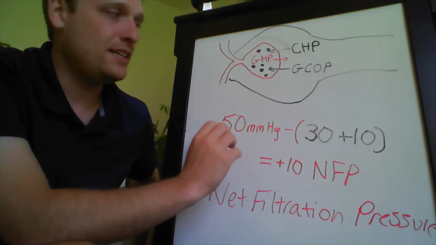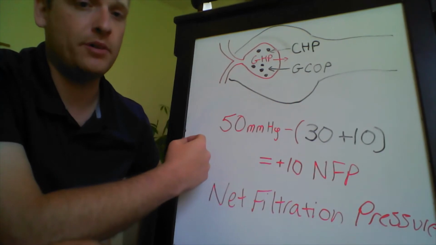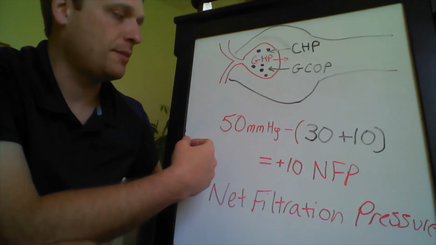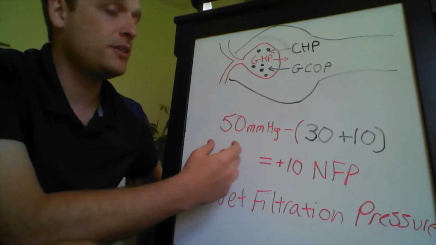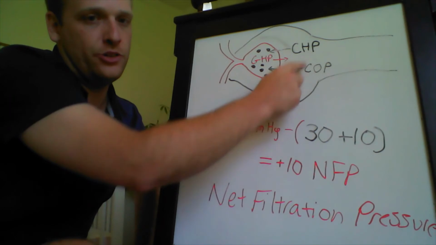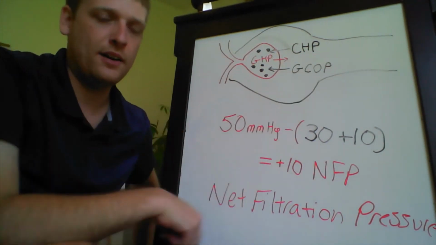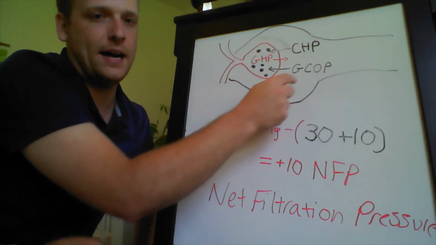The second force that's going to oppose the glomerular hydrostatic pressure, I should say, is the capsular hydrostatic pressure. So as fluid is forced out of the glomerulus, it's going to fill up Bowman's capsule.